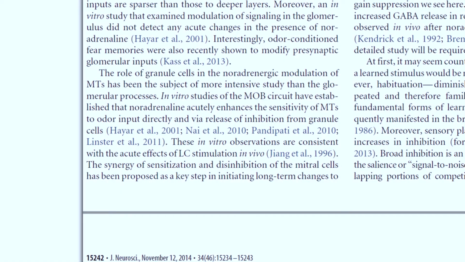Then I talk about the results in a more narrow way. The role of granule cells in the noradrenergic modulation of mitral cells has been the subject of more intensive studies than the glomerular processes. So I already said, look, this very specific result has not been expected, and now I want to go towards the direction.